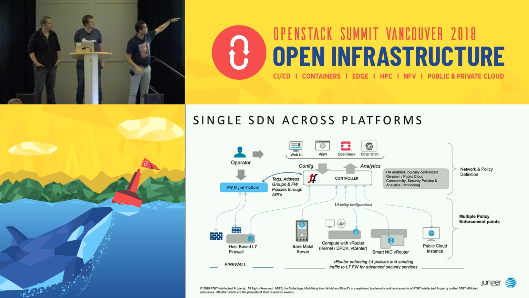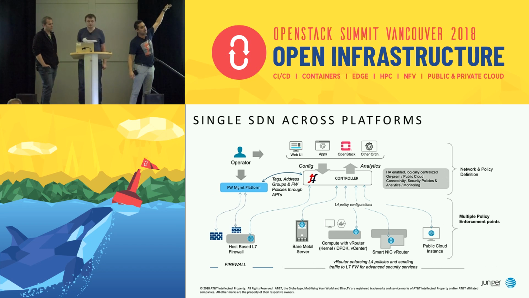If you look at it, the controller sitting on the northbound is listening to the intent it is receiving from the orchestration system above it, the UI, the apps, OpenStack, and other orchestration systems. Correct. So the definition and the driving of the intent is done by those applications. The network controller is just taking that intent and rendering it across different endpoints. And the modeling is done somewhere else?